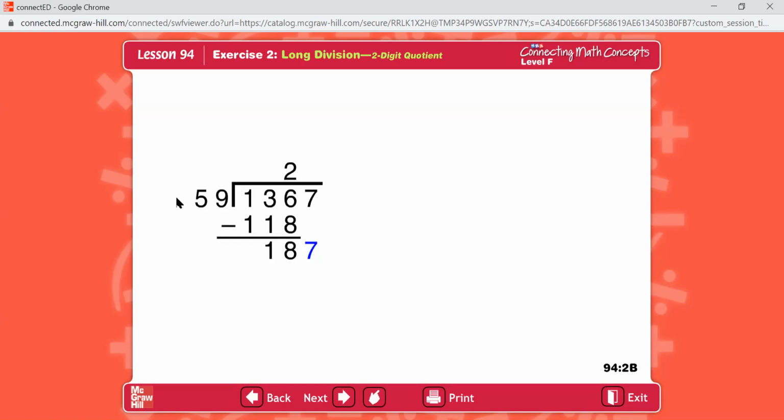So our estimation problem for 187 divided by 59 is 19 divided by 6. Here's our estimation problem. And what is 19 divided by 6 equal? It equals 3.